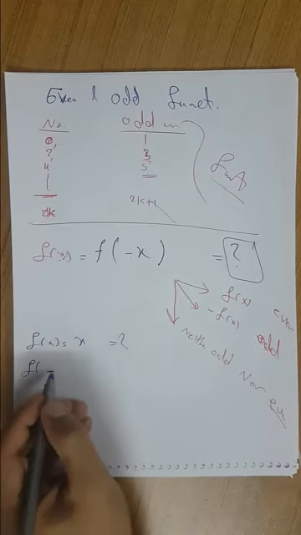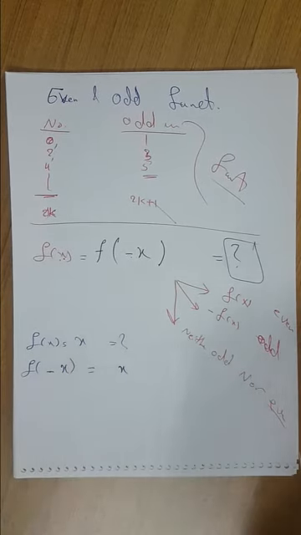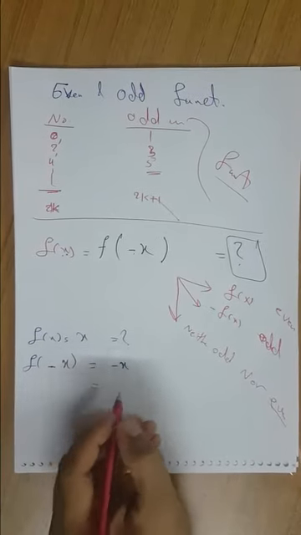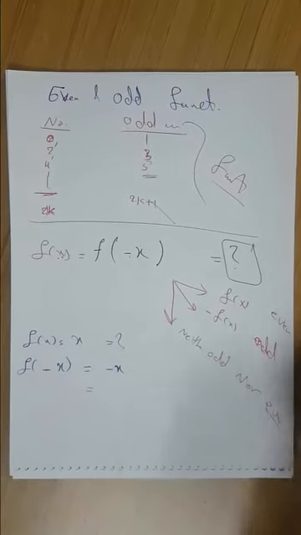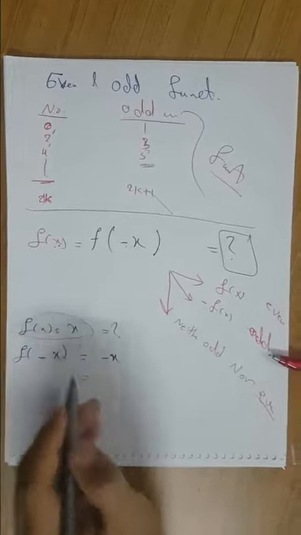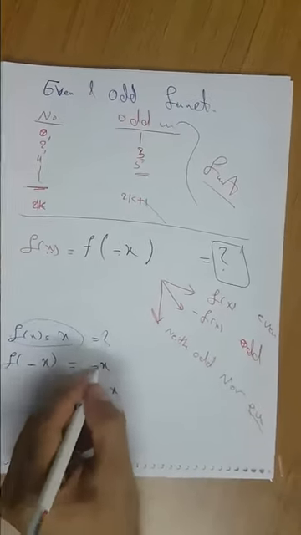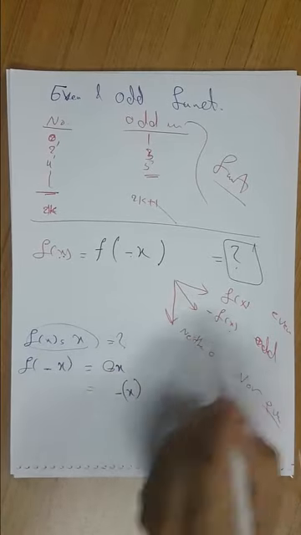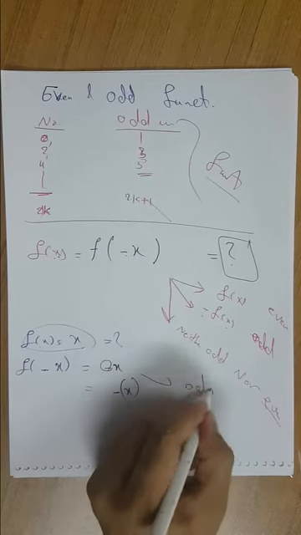I should put in x, put a negative in front of it, and what do I get? I get minus x. This is your function, yes. What's the difference? Here we have a minus. So I got minus the function. Look, here's the function and here's minus the function. So in that case, I say odd.